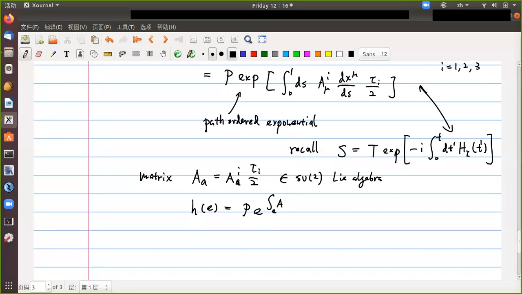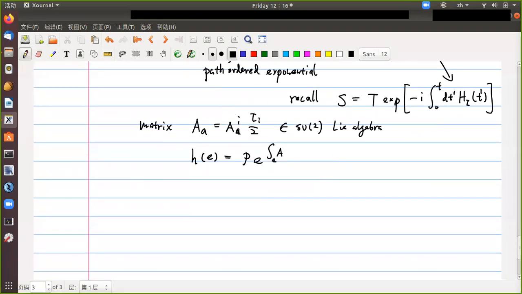In case you are not familiar with scattering amplitude and time ordered exponential, let me give you some expression for this path ordered exponential.